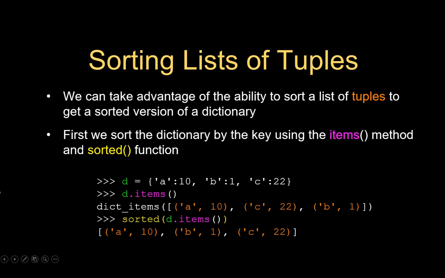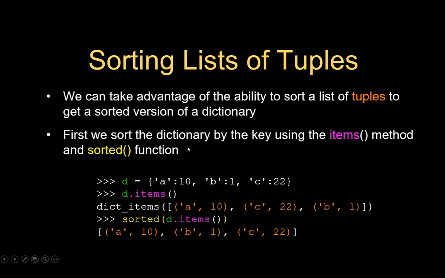So first, we're going to have a list of tuples, and we start by sorting that list. By different ways of sorting, we can get the highest number or the lowest number in that list.